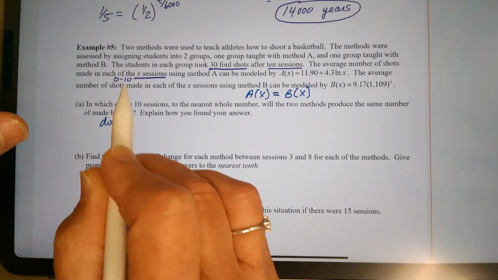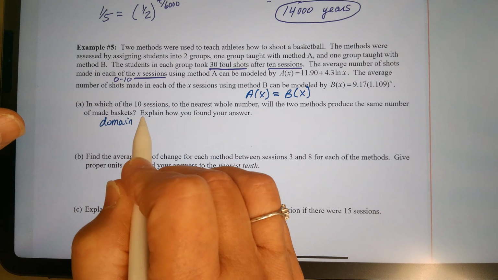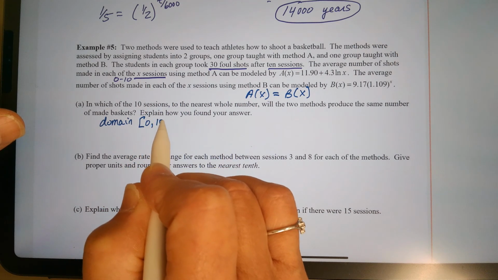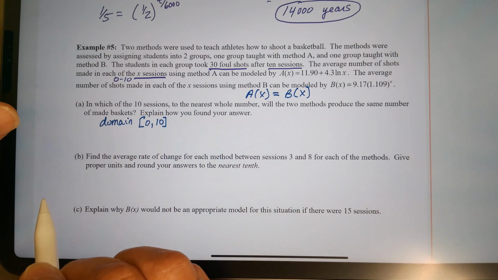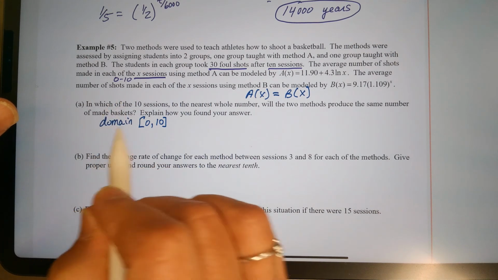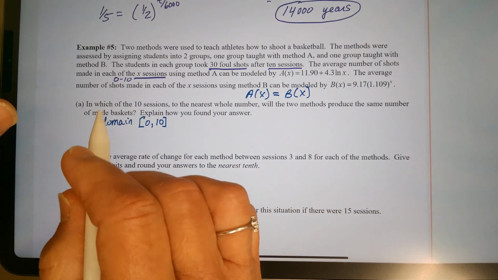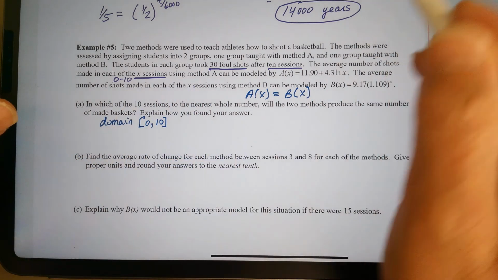Our domain x is the sessions, so our domain is from 0 to 10. And what is the output? The output is the 30 foul shots.